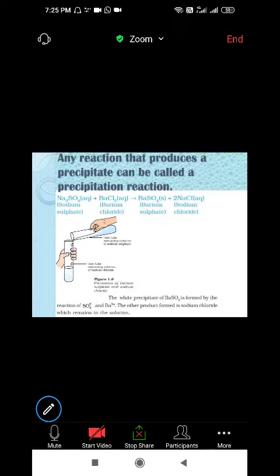The barium sulfate is the one that remains as a residue, something which is not getting dissolved into the solution, and that is known as a precipitate.